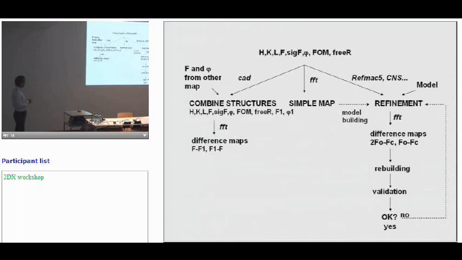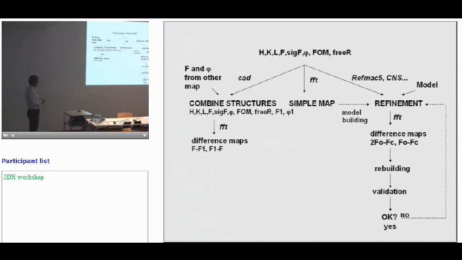You need to put in a model, or maybe do model building from your map as an input here. Then calculate difference maps. And as in X-ray crystallography, we are calculating difference maps with a weight so that the observed structure factors are twice the calculated structure factors. This is 2FO minus FC maps.